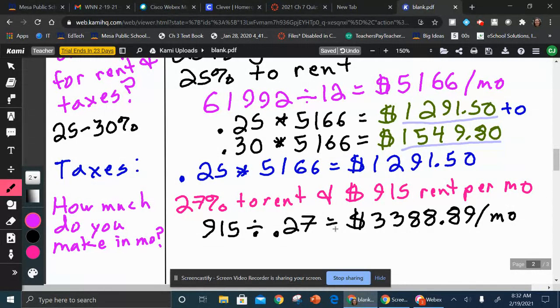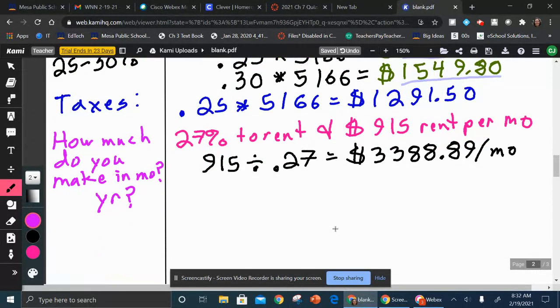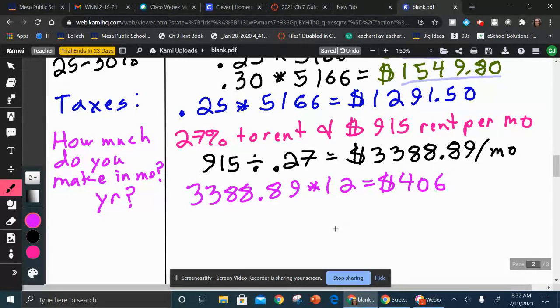And then for a year, everybody, we take that amount and multiply it by 12. $3,388.89 times 12 is $40,666.67. Everybody, remember that that is the gross pay.